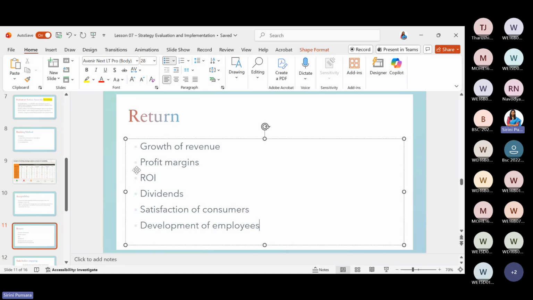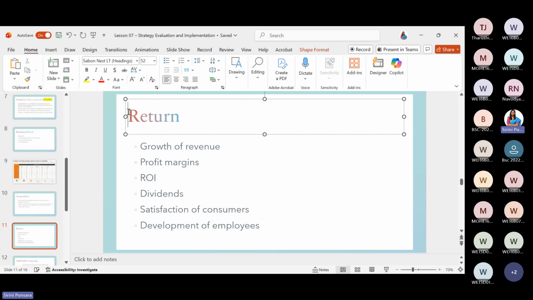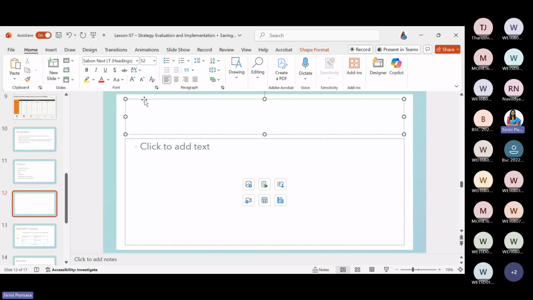Then in terms of implementation complexities, there can be risk. Maybe resource shortage. Then once we implement the strategy, whether it can lead to losing competitive advantage. So those are some examples for risk. Second one, risk.